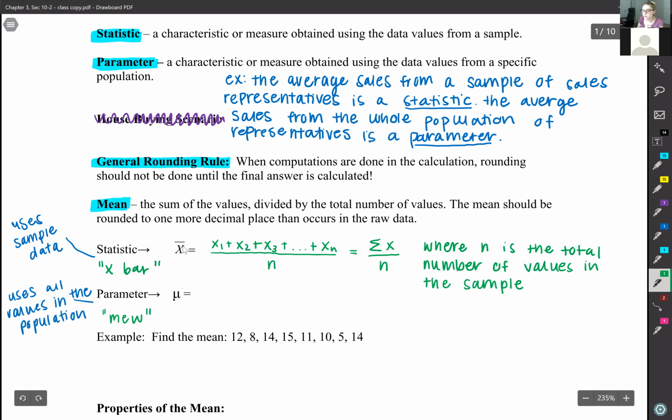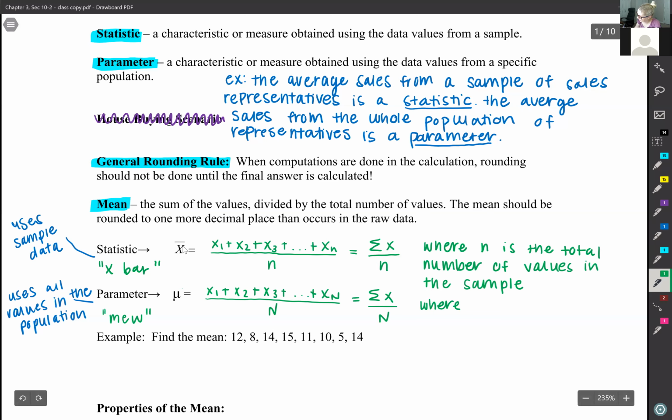Okay, like I said, the way you find the mean does not change. It's just still adding up all the values and dividing by the total number. So this is just the same. It's x1 plus x2 plus x3. And let's say this time you have capital N number of values in the population. So we add all the way up to xn, and then we divide by capital N. Once again, the book will also sometimes say it's the sum of the x's divided by the number of values.